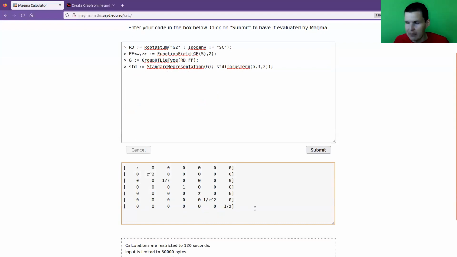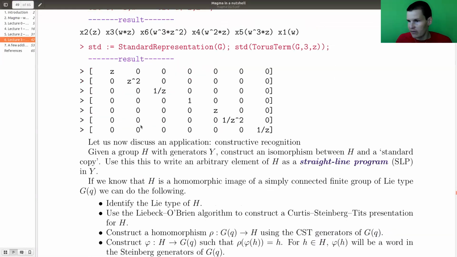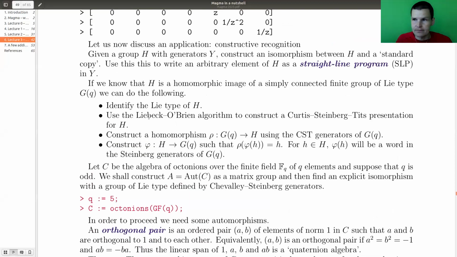Anyway, you can set up what is the torus in that standard representation. It will be a certain type of diagonal matrix. The standard representation is just outputted. STB is just a 7-dimensional representation. It's in this case a 7-dimensional representation of the G2 Lie algebra over that field. And you can just do all that stuff, right? And you can just get it from the octonions as well.